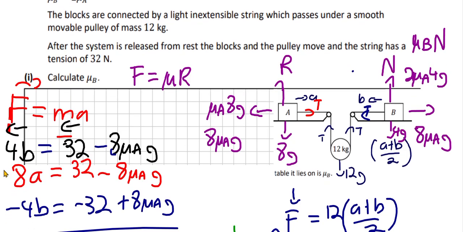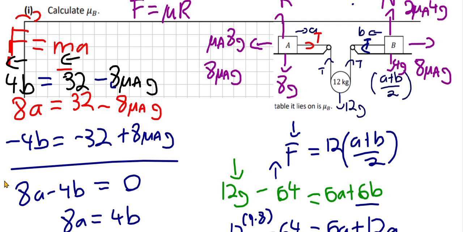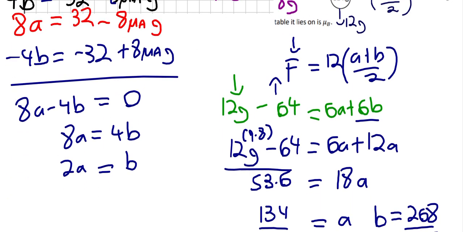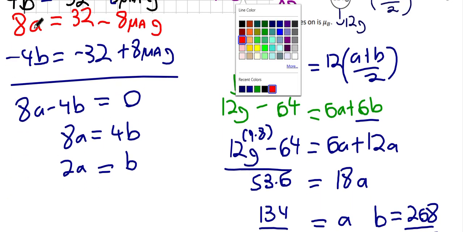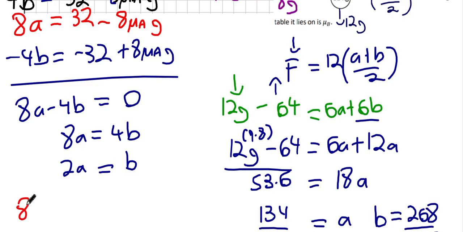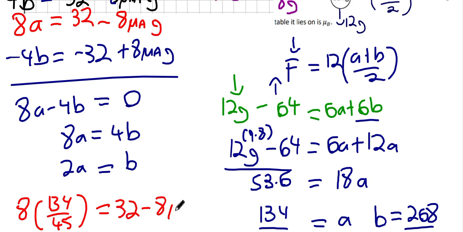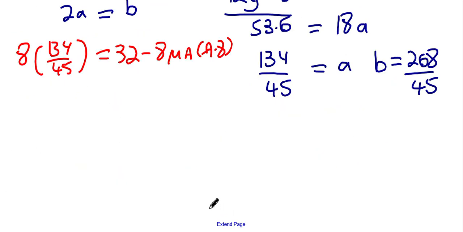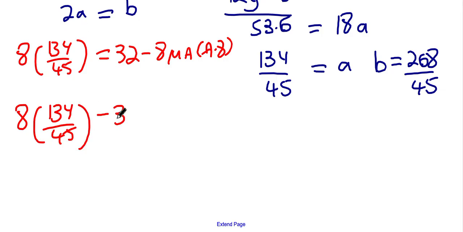But to find out what mu B is, we'll just find out what mu A is. So why don't we use the red equation? See the red equation? 8A, which is 8 times 134 over 45, equals 32 minus 8 mu A times G, and G is 9.8. What we'll do is 8 times 134 over 45, we'll bring the 32 over and take it away.